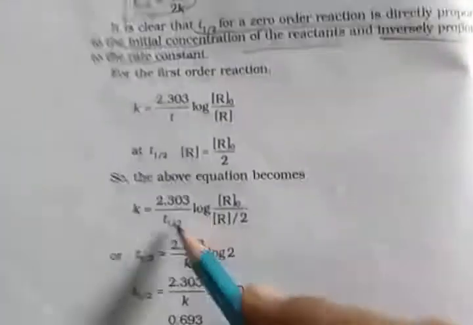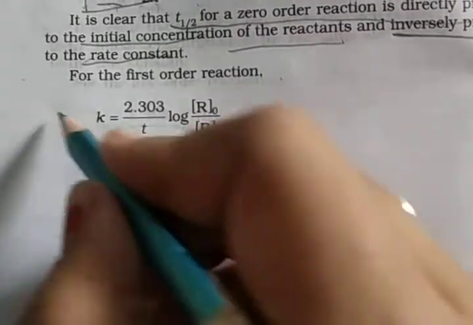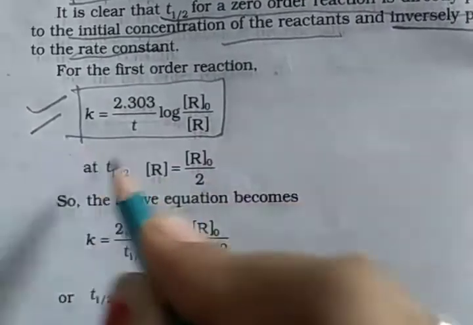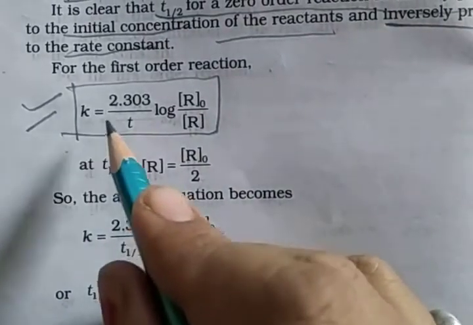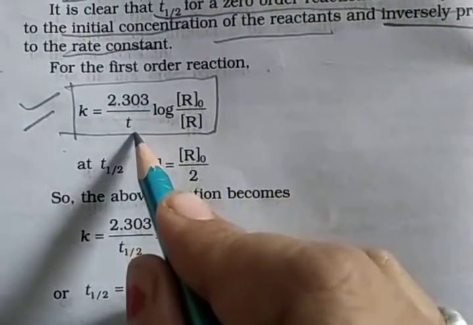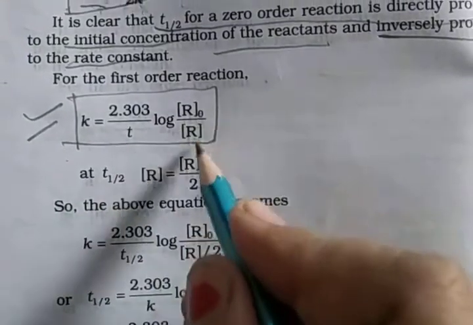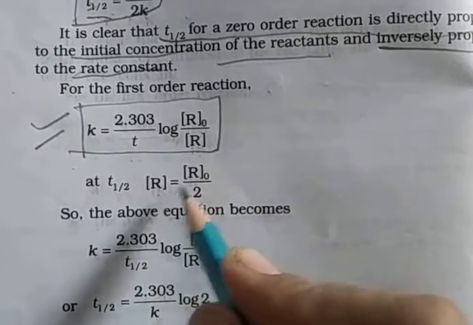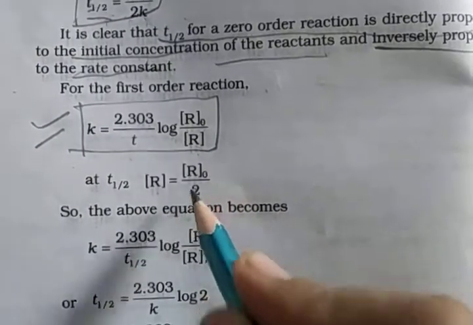For first order we also have to find the half-life period, but first learn the formula for the rate constant. K is equal to 2.303 upon T log R naught upon R. At time T half, the R value is R naught upon 2.